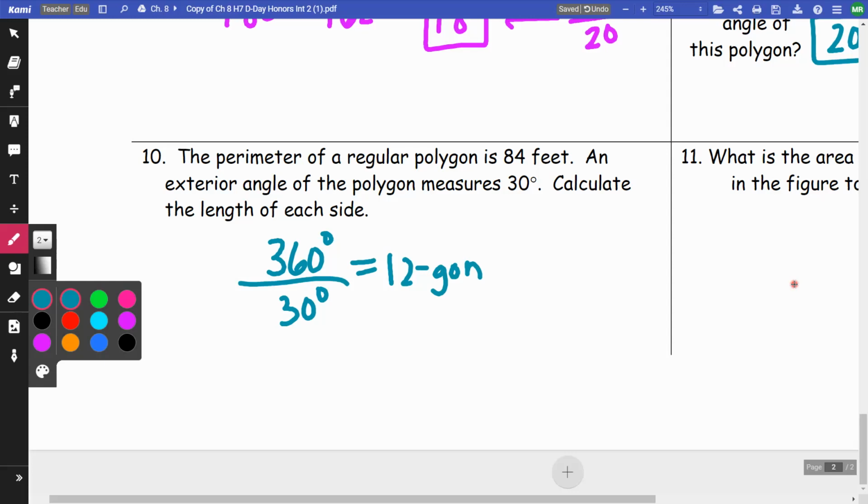So what that means is I am going to have 84 split into 12 equal pieces. So 84 divided by 12, I end up with 7. Each side is going to be 7 feet.